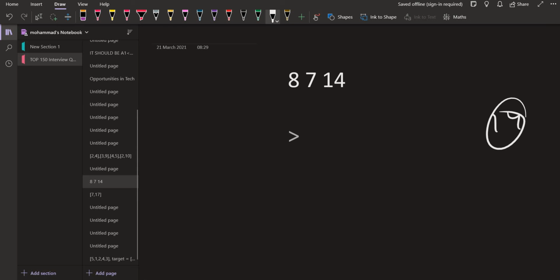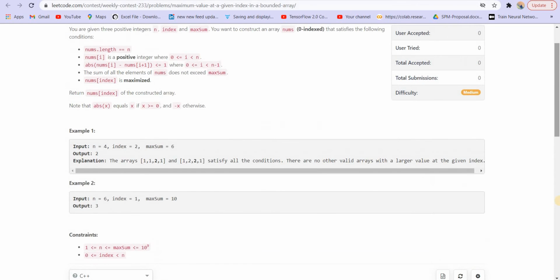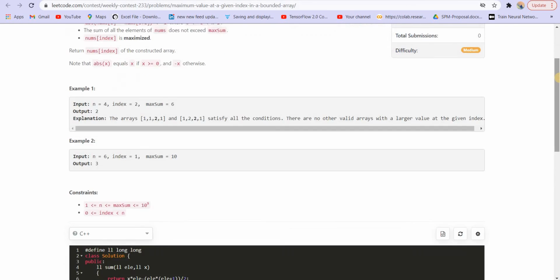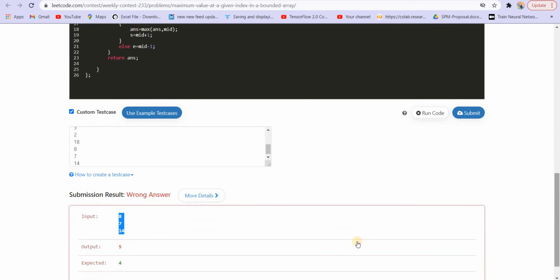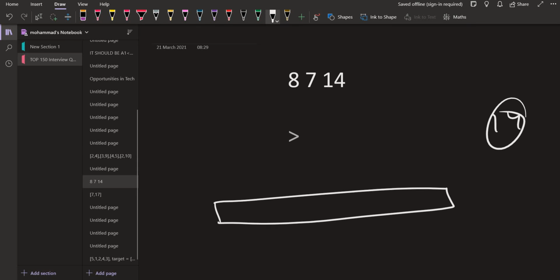Total number of elements are 8, and we are talking about the 7th index. Okay, total here 8, 1, 2, 3, 2, 3, 4, 5, 6, 7. We are talking about this particular index.